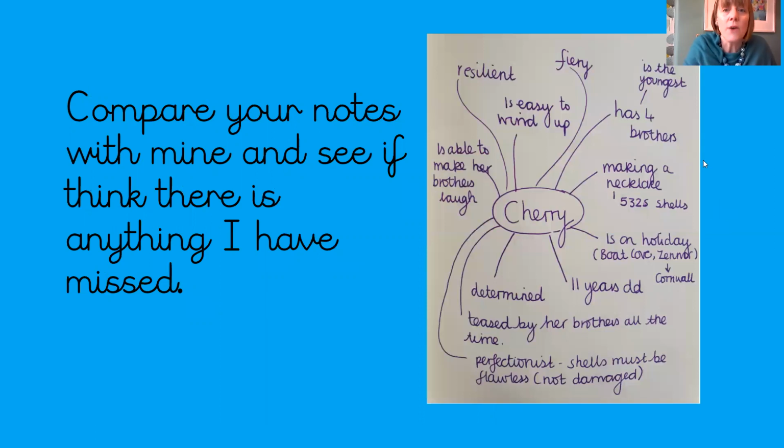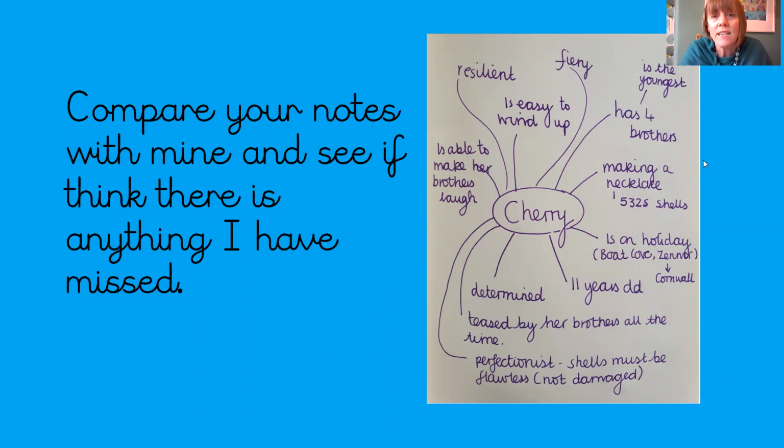Okay, so hopefully you've managed to pop lots of things on your piece of work, and I want you to compare your notes with mine and see if you think there is anything I have missed. So you can see I've got things like she is on holiday in Boat Cove, Zennor, Cornwall. She's making a necklace, and I've written down how many shells there were. She's the youngest in her family. She's got 4 brothers.